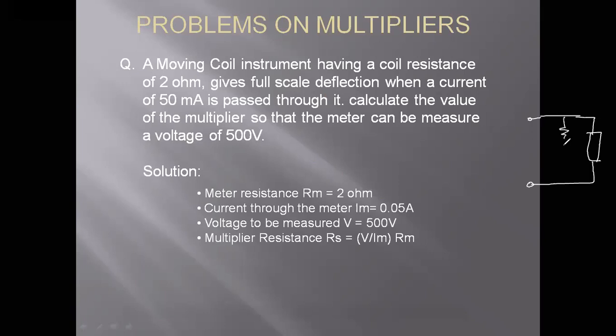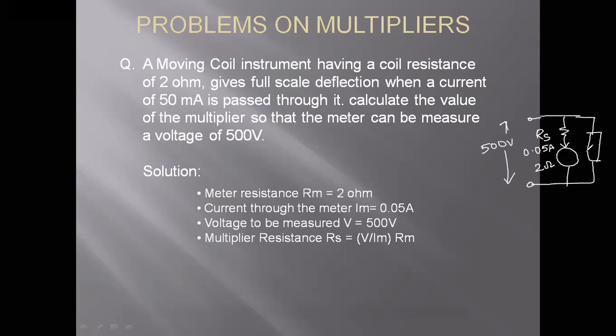We have a series resistance and we have a meter. The series resistance value is not known; this is Rs. The current through the meter is known, which is 0.05 amperes. Meter resistance is 2 ohms. And the total voltage that you want to measure is 500.